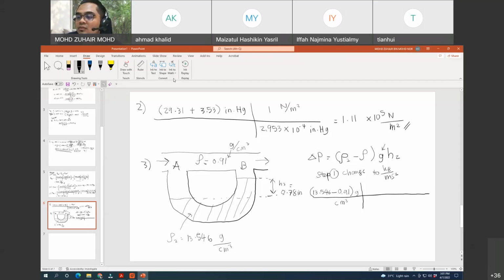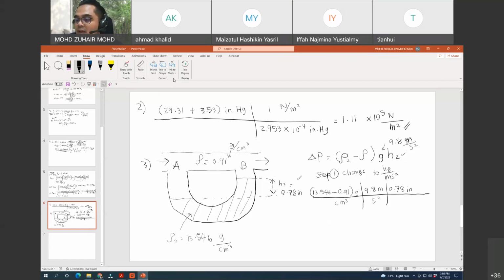For gravity, normally just use the standard one, 9.8 meter per second power of 2. So we're just going to use the standard one, 9.8 meter per second power of 2. And then the height, h2, is this, 0.78 inch. Okay.